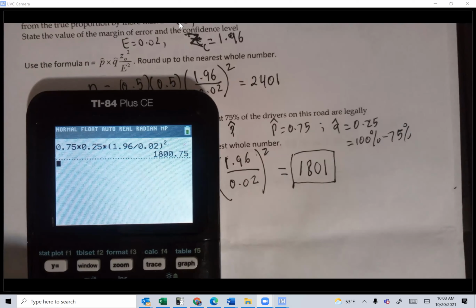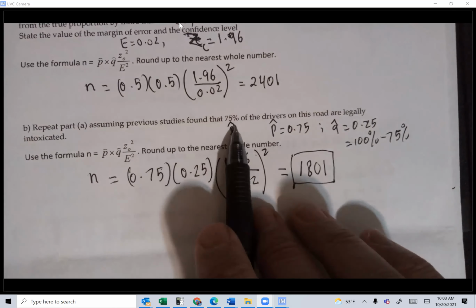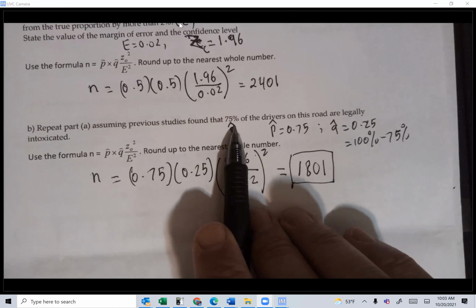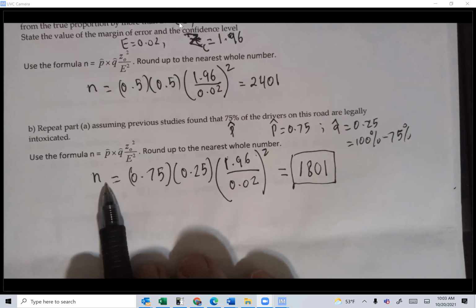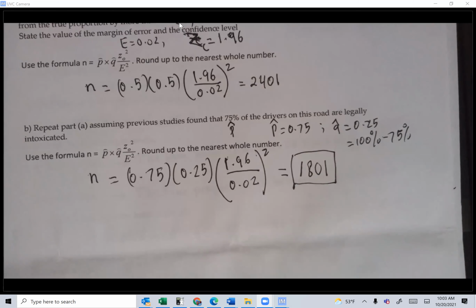You see, it's less than the previous answer. When you have a previous estimate of what happened, you likely need less sample size, less people in the sample, which is 1,801.